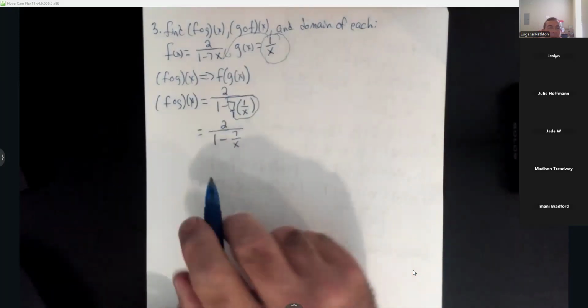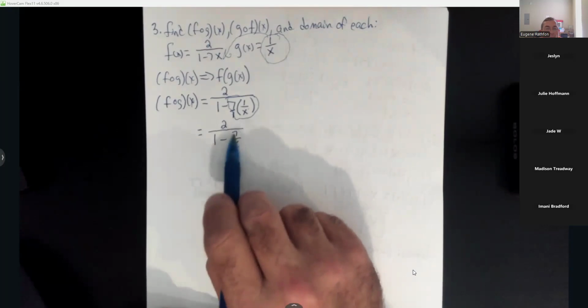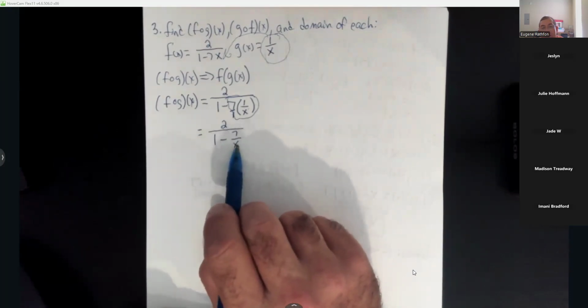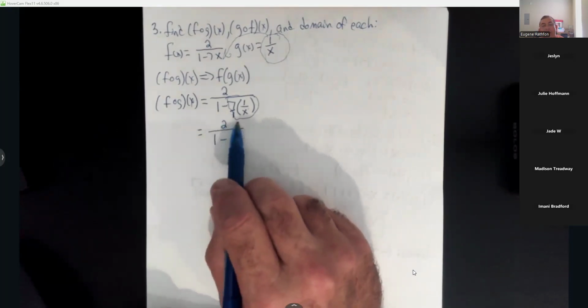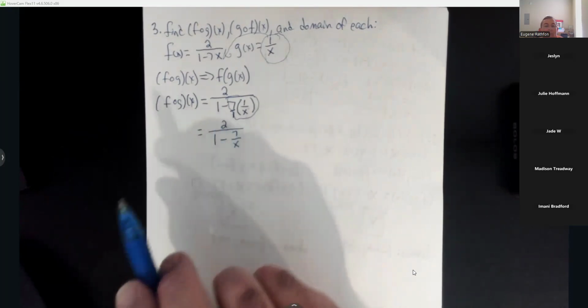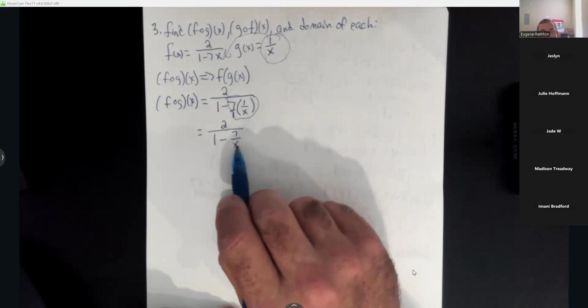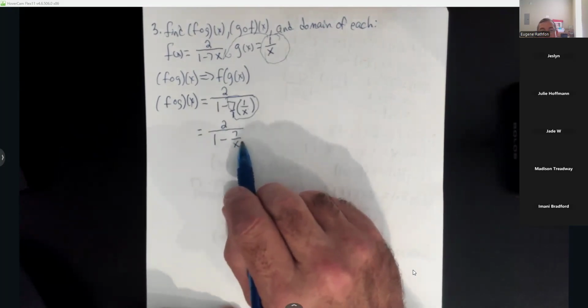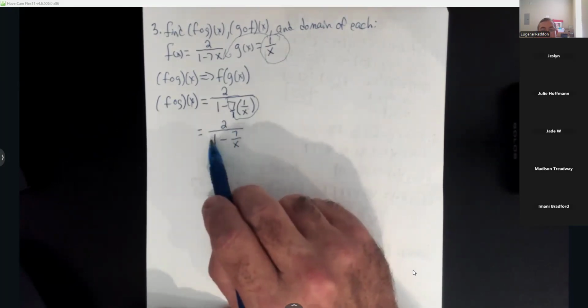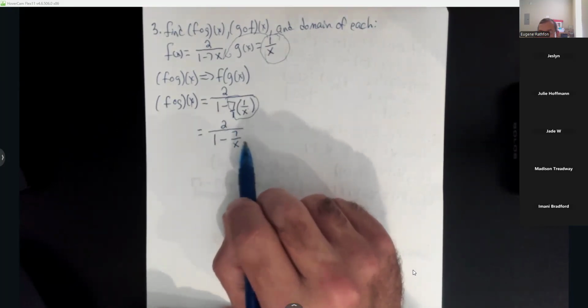All right, y'all. So this was the one when I said you had to simplify it because this one has a little fraction inside of a big fraction. And we're not allowed to leave it that way. So on this one, what you want to do, since your fraction has a denominator of an x in here, we want to multiply all 3 parts of this by x.